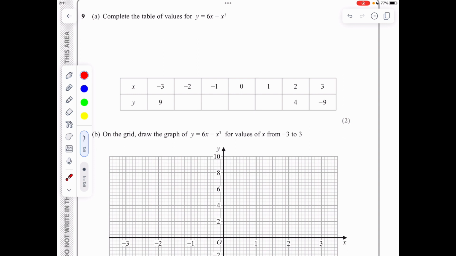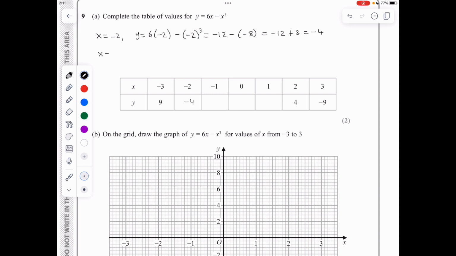In 9a, we need to complete the table of values for y is 6x minus x cubed, shown here. So we start with x being negative 2. So this means that y is 6 times negative 2 minus negative 2 cubed, which is minus 12 minus negative 8. So that's minus 12 plus 8, which is negative 4.